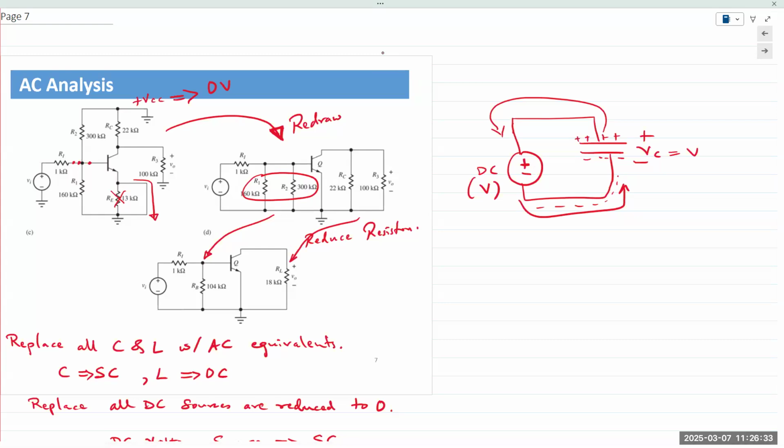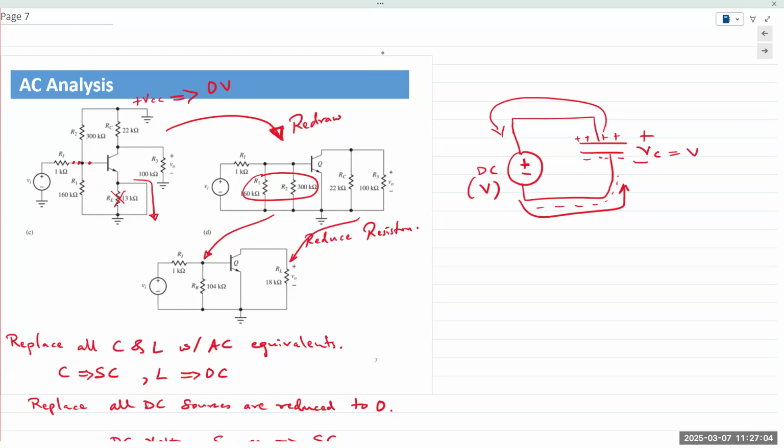So now you have 3 resistors to analyze in the circuit. Right now, we are not doing anything to the BJT. So DC analysis was straightforward. There's nothing much. We have the BJT, we have the external circuit. For AC, we have to first modify the external circuitry, which we did. 5 resistors are now reduced to 3.